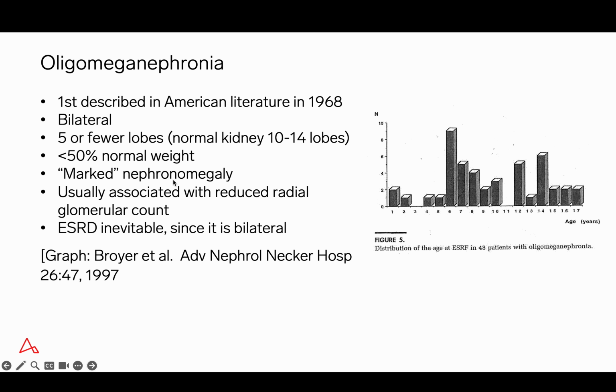And since it's a bilateral process with marked reduction in total nephron number, these patients present with CKD and inevitably develop end-stage renal disease. And this table here on the right shows a number of patients with oligomeganephronia and the age of onset of end-stage renal disease.